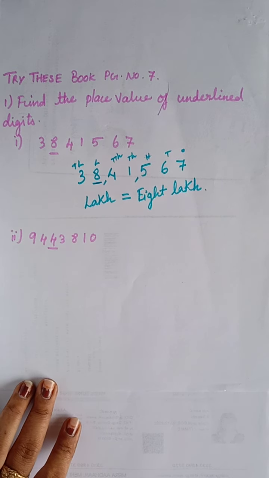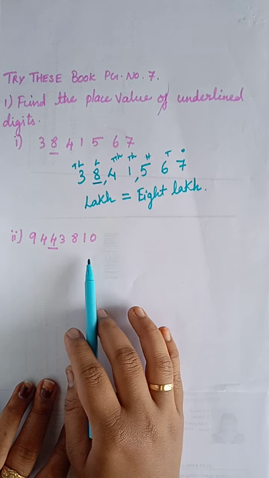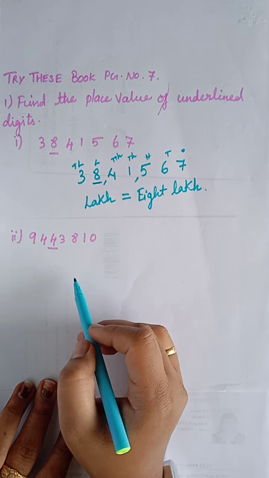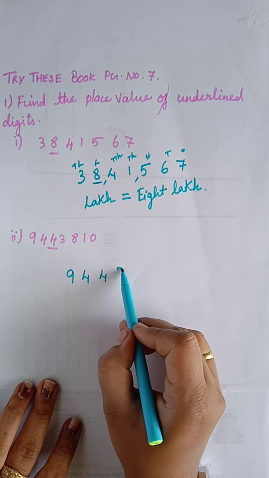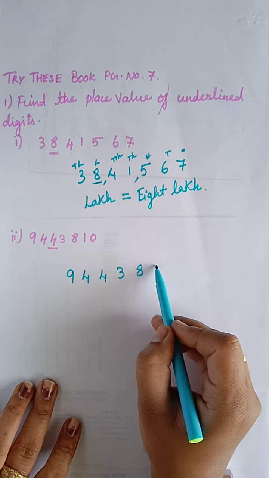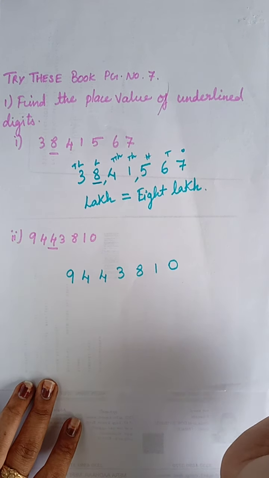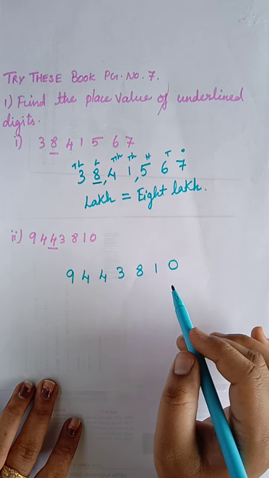Clear, ma'am? Can you understand how we have to find the underlined digit values? Yes? Okay, the next question. Take the question and write it: 9, 4, 4, 3, 8, 1, 0. What do we have to do?